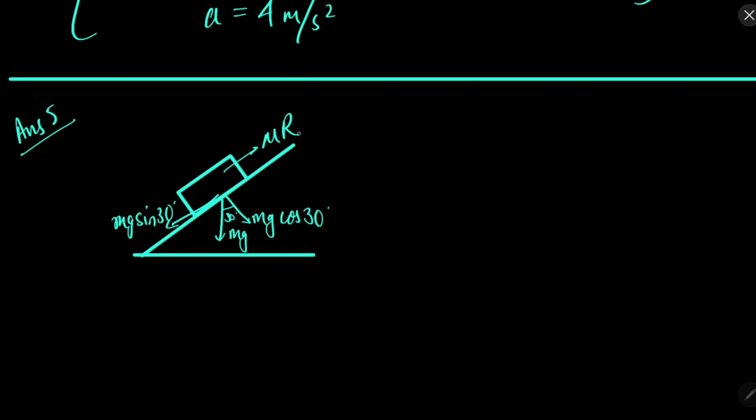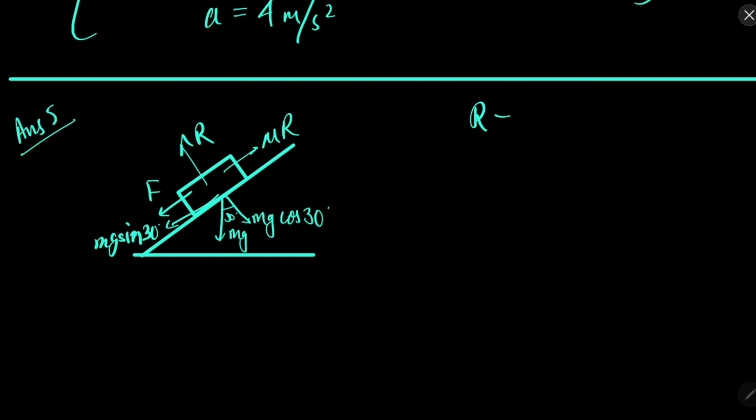Mu R is the frictional force, R is the normal force, and in this question we are applying another force which is in the downward direction. So there is one force F. So mg sin 30 degree is there and force F is also there.